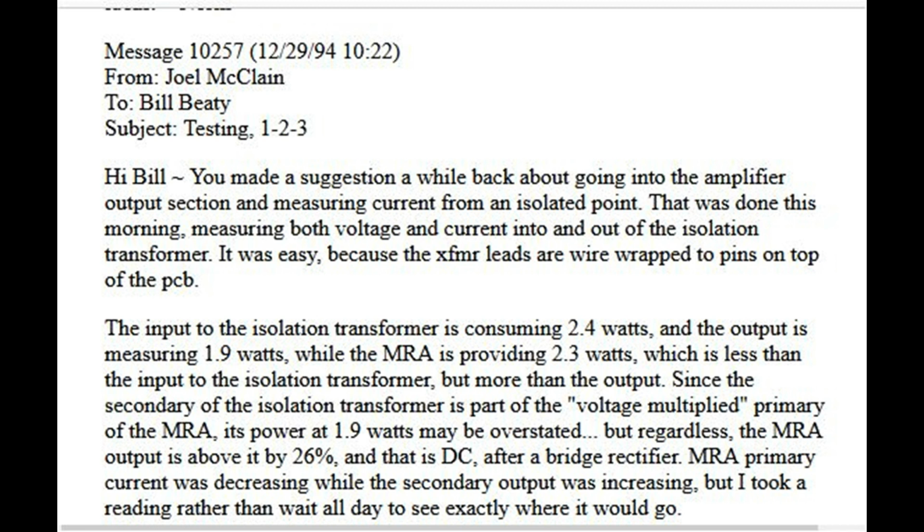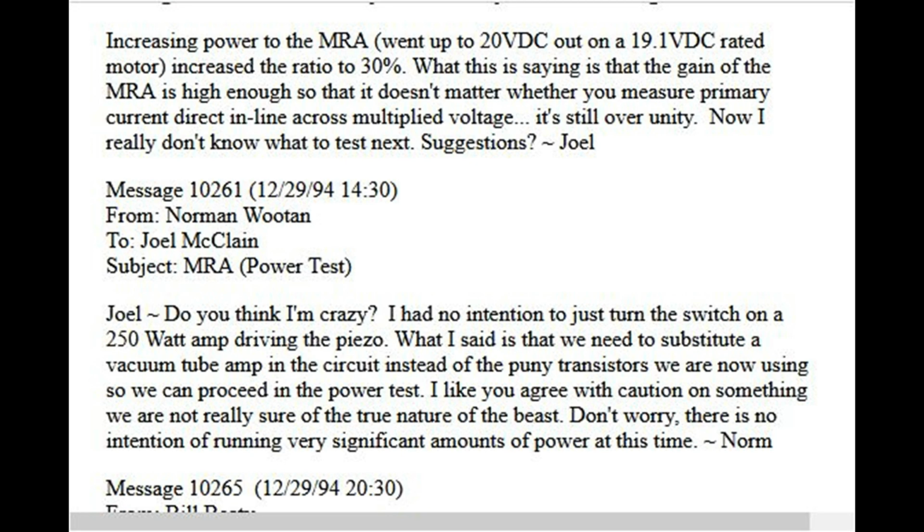Increasing power to the MRA, went up to 20 volts direct current out on a 19.1 volts direct current rated motor, increased the ratio to 30%. What this is saying is that the gain of the MRA is high enough so that it doesn't matter whether you measure primary current direct inline across multiplied voltage, it's still over unity. Now I really don't know what to test next. Suggestions. Joel.